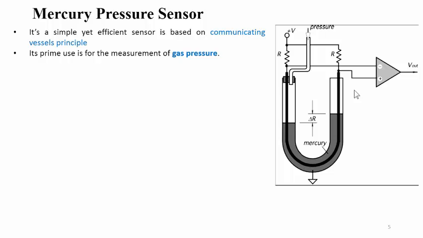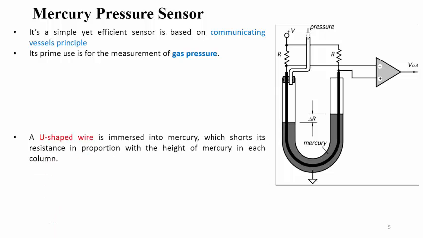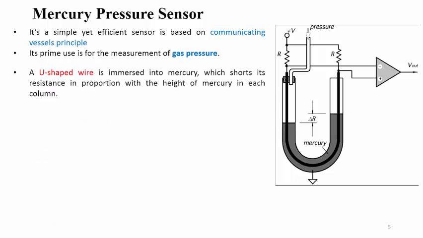So depending on the movement of the mercury inside the tube, the resistance changes, and accordingly you will get the output from the amplifier.